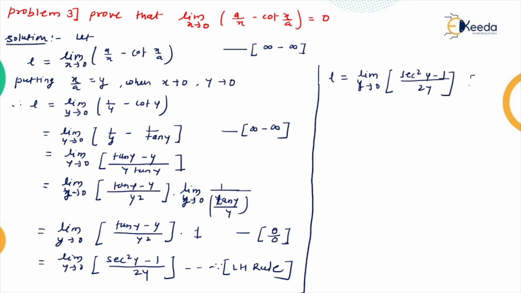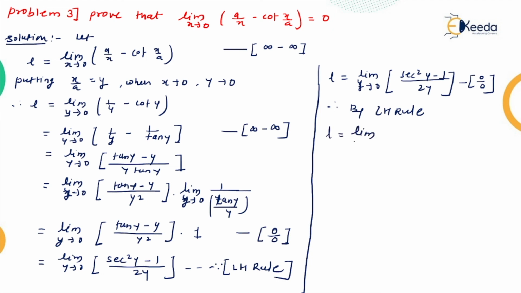It takes the 0 by 0 form again, so by L'Hospital rule. We have to keep applying the L'Hospital rule until we no longer get the form 0 by 0 or infinity by infinity. Here, step by step, we keep getting 0 by 0 form, that's why we use L'Hospital rule again and again.